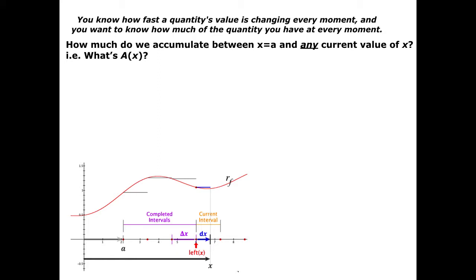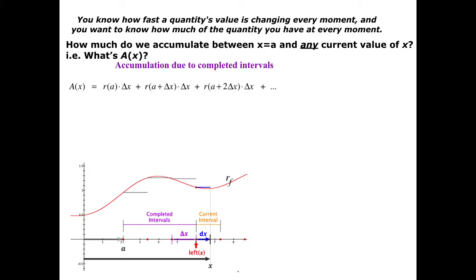So if we want to start at x equals lowercase a and go toward any value of x, and in fact it can actually be less than a, it doesn't really matter. What we're working on is figuring out how do I figure out how much accumulated in all the full intervals, the ones that are delta x in width, and then add on the accumulation for the last little bit, if there is any, of a partial interval or a current interval.